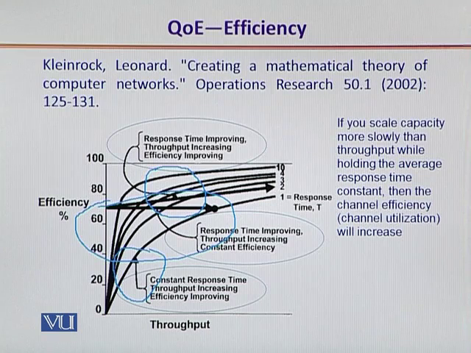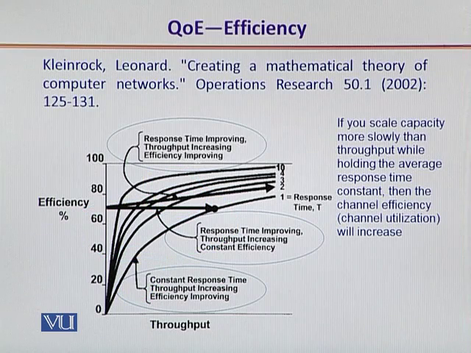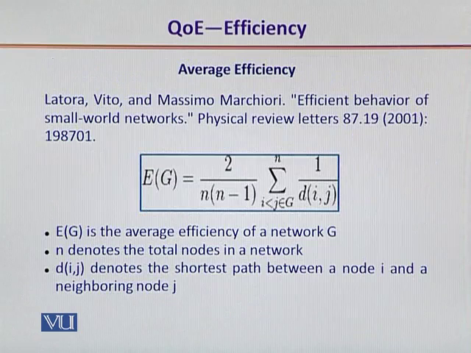So the interplay of throughput and efficiency with respect to the response time gives interesting insight. We can see that if we scale up the capacity slower than the throughput, while keeping the average response time constant, the channel efficiency is going to increase, reaching up to even 100%.